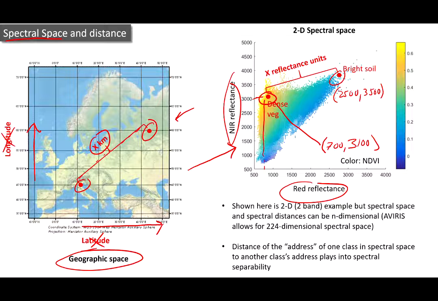Those addresses are pretty far away from each other in reflectance units, which leads to a higher ability to differentiate vegetation from bright soil since they're far away.